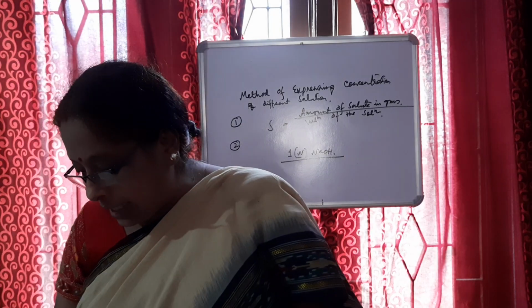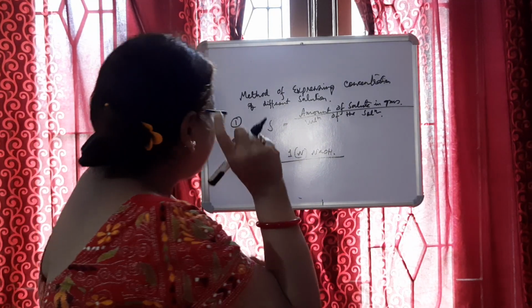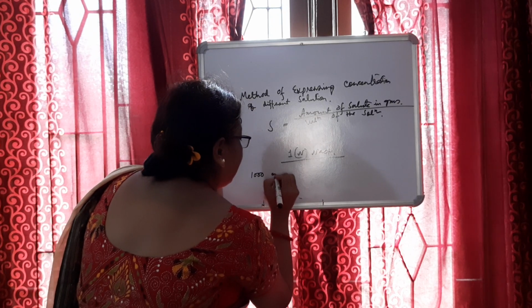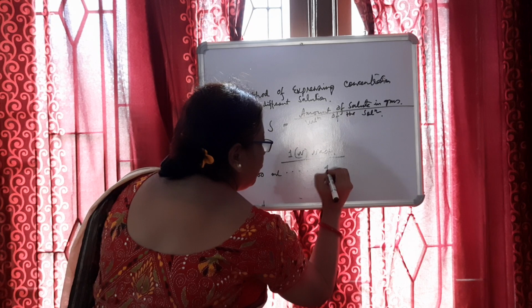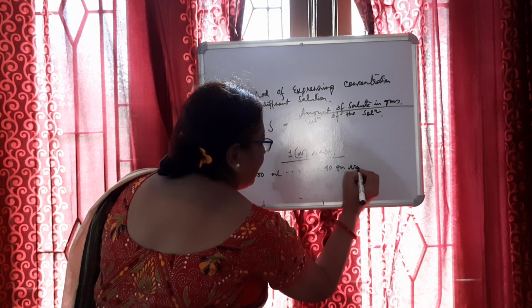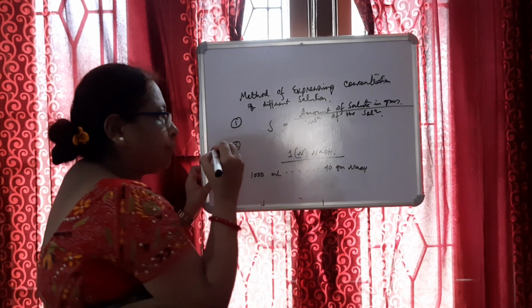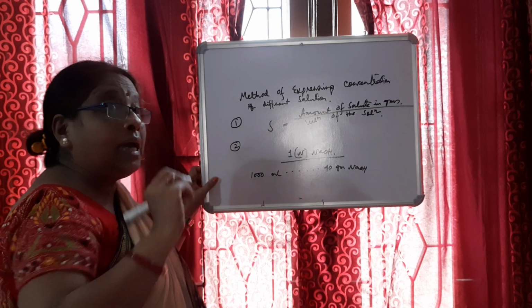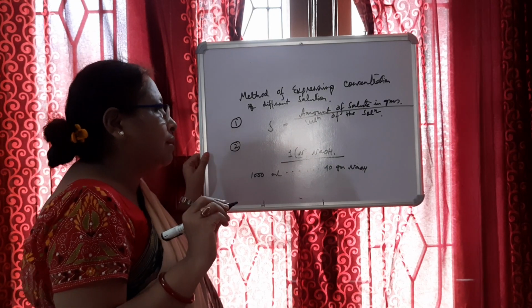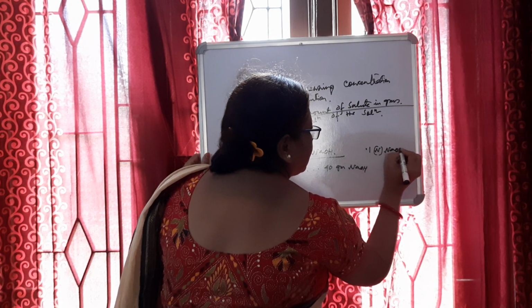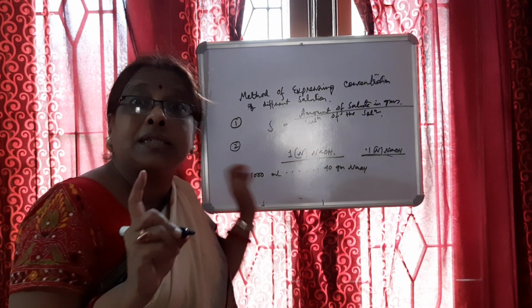So here 1000 ml contains 40 gram of NaOH. 1 normal solution means, again, if we have to prepare, suppose 0.1 normal sodium hydroxide, and these things are very much important for your practical classes, that is in your volumetric analysis.